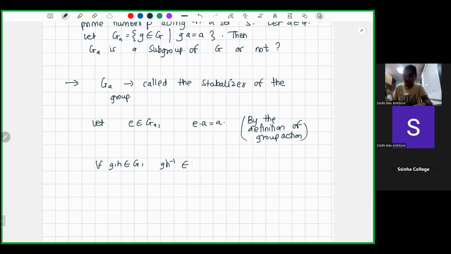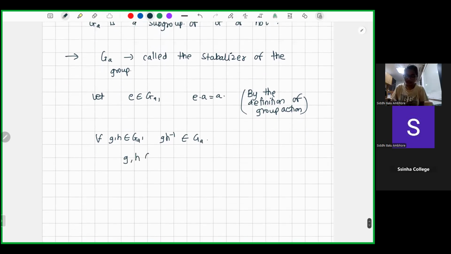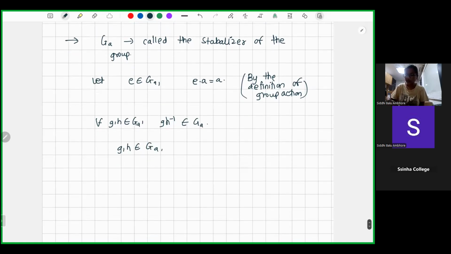GH inverse belongs to GA or not. Okay, so note that G and H belong to GA. So what does this imply?